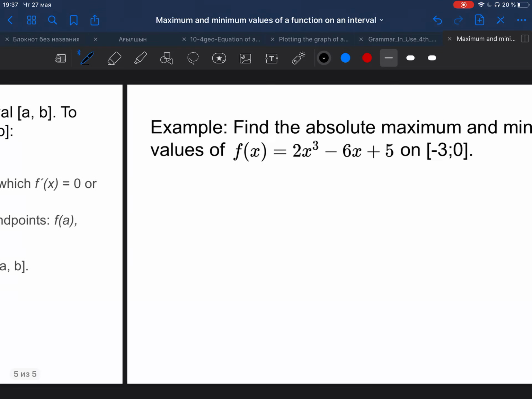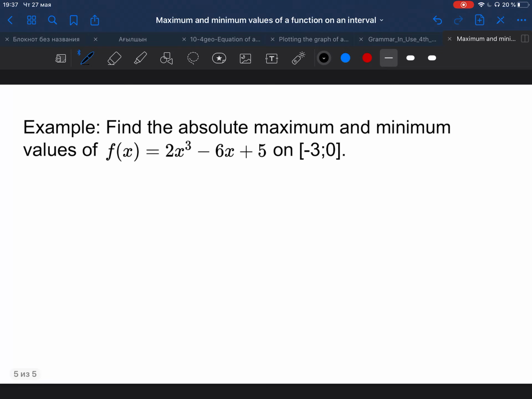Look at one example. Find the absolute maximum and minimum values of f of x on the interval that starts from -3 to 0. By following the steps, firstly, we need to find the derivative of the given function. To find the derivative, you need to find the derivative of each term. Look at the first term, 2x cubed.